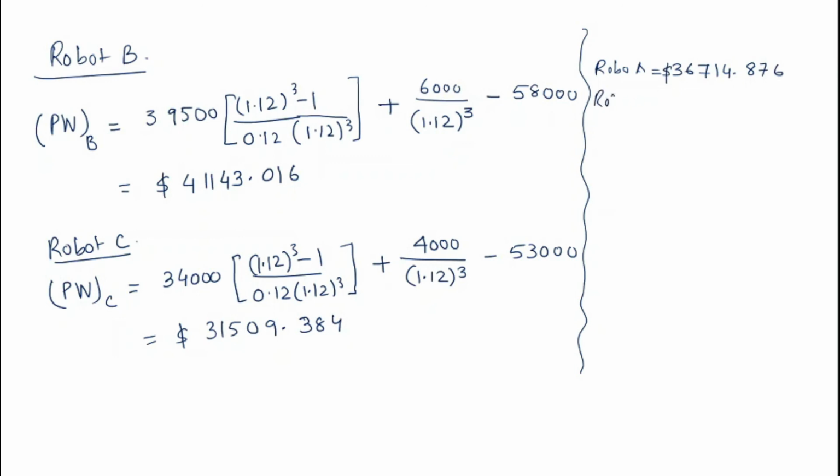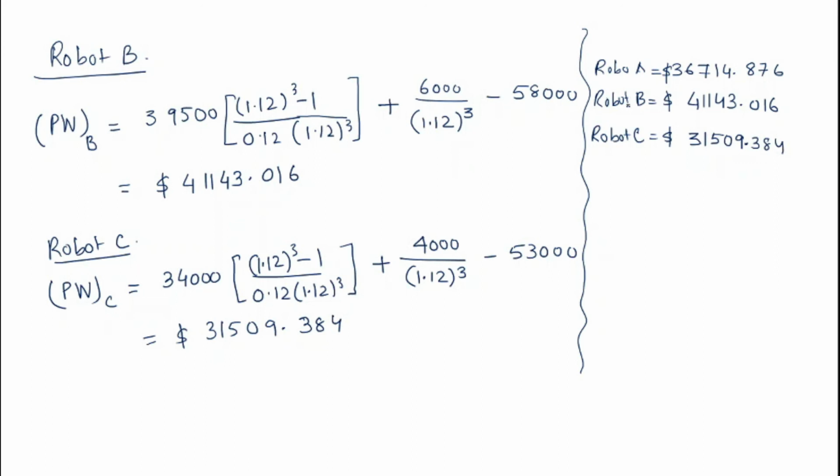For robo B, this is $41143.016, and for robo C it is $31509.384.